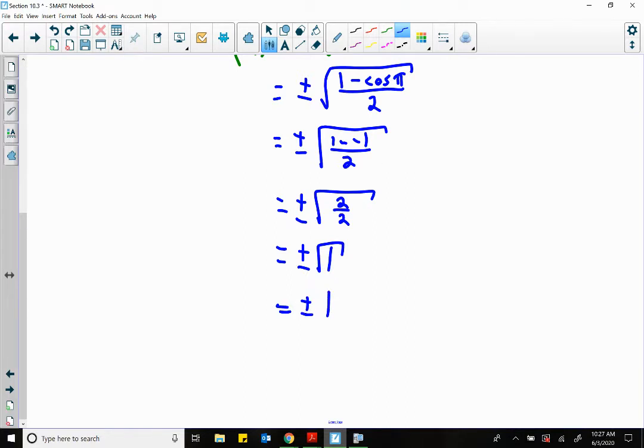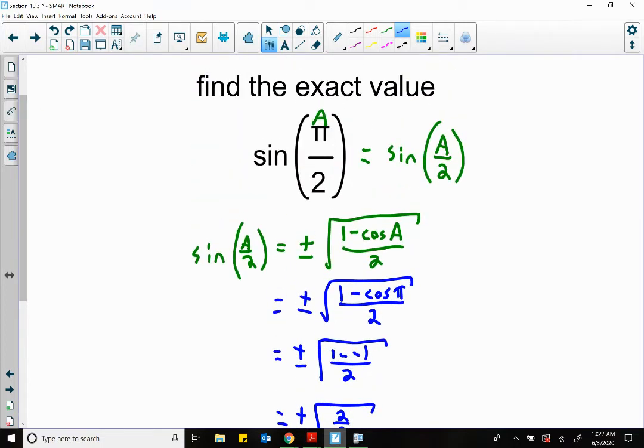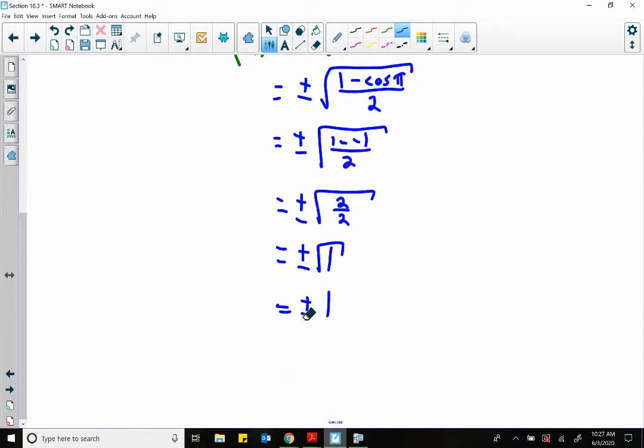But again, we already know what kind of answer this should be because it's pi over 2. So that means this answer should be the positive version of that. So in the end, you want the positive 1. Okay, I'm going to talk more about your signs here in a second. But in this one, because we knew what the answer was, we know that it should be the positive version.